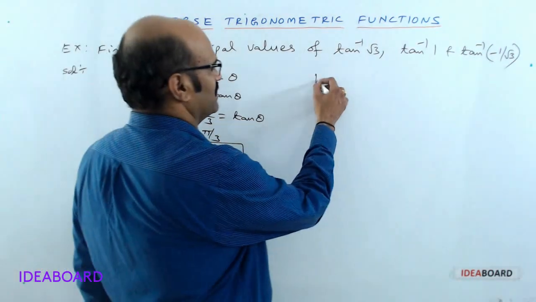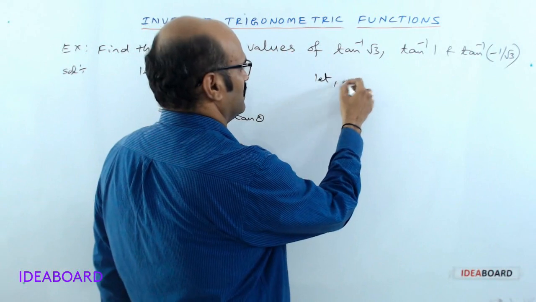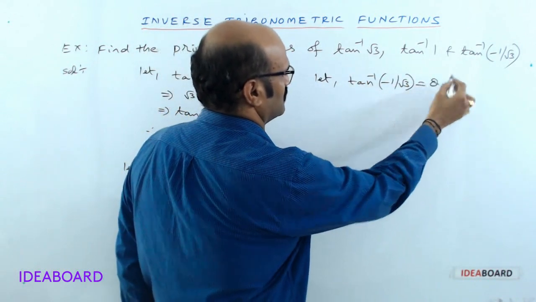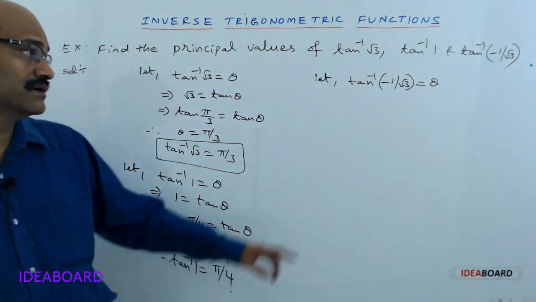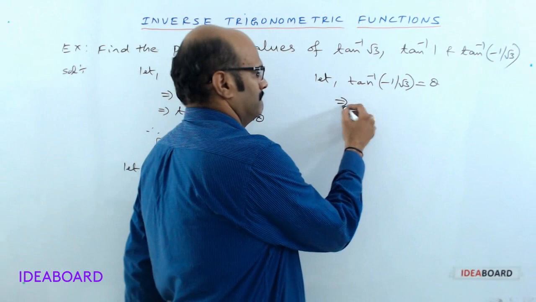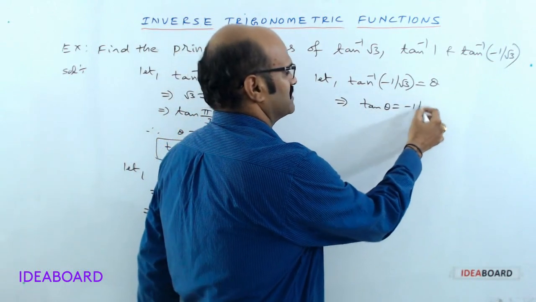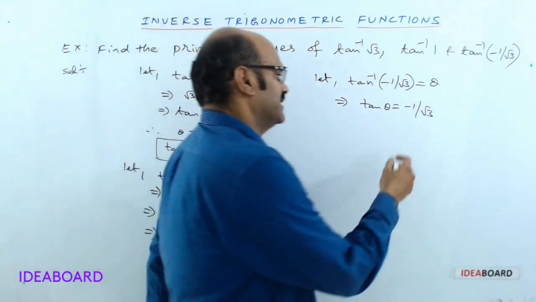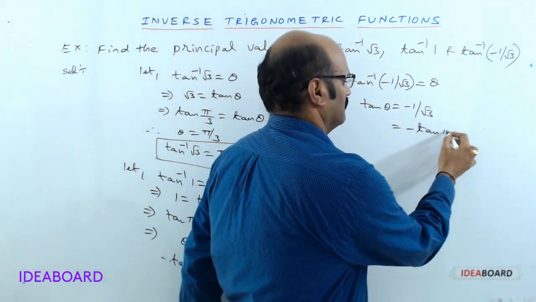Next we have tan inverse of minus 1 by root 3. Let tan inverse of minus 1 by root 3 equal to theta. It's equal to tan theta equal to minus 1 by root 3. Minus 1 by root 3 equals minus tan 30.